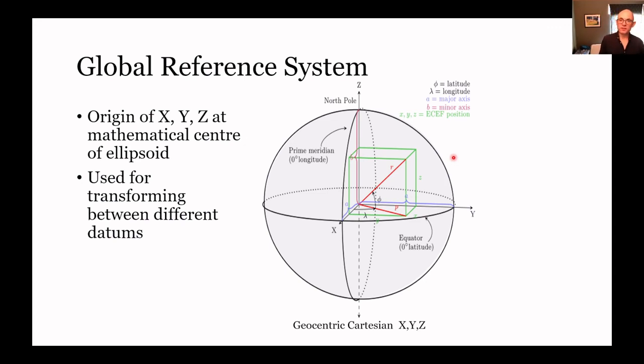It becomes very difficult to just hold one axis constant and move along another one. So we don't use this, generally speaking, for life on the surface. This is restricted to existence within the globe.